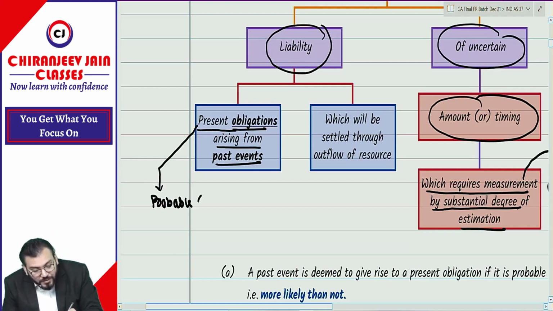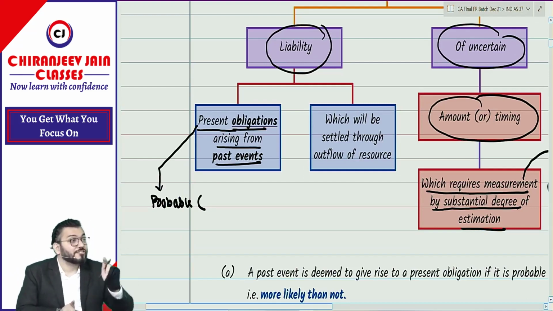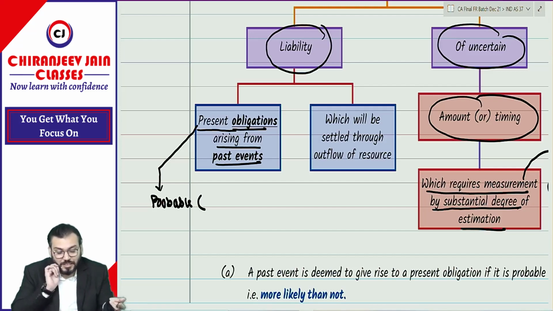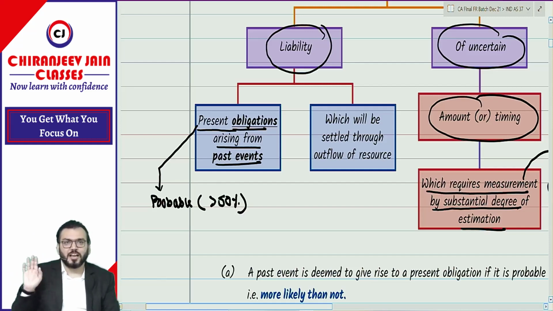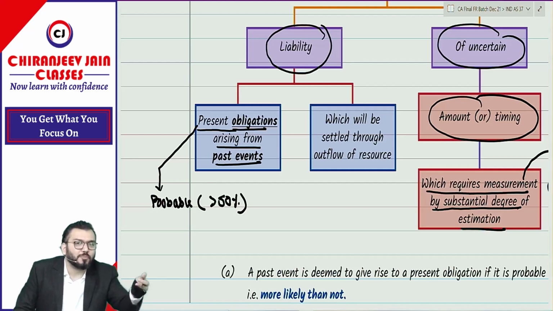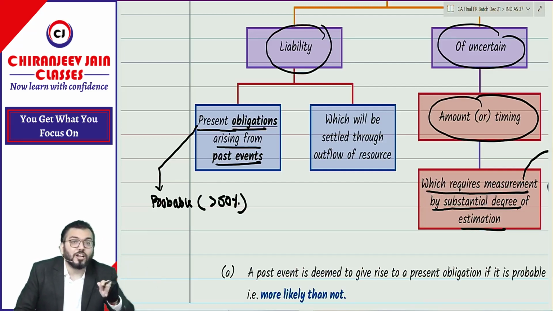Probable means what? The chances of occurrence are more than the chances of non-occurrence. The chances of loss are more than the chances of gain. So it means the chance is more than 50%. So present obligation means when the obligation is probable on the reporting date.